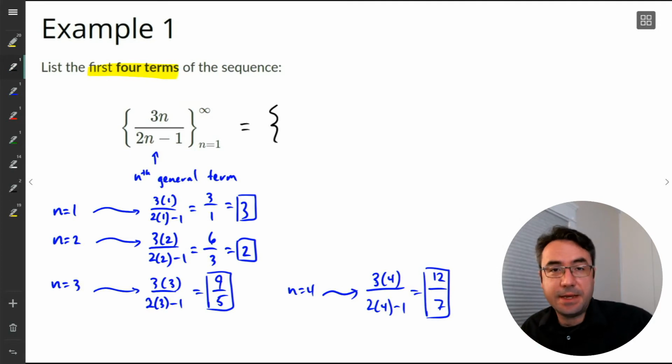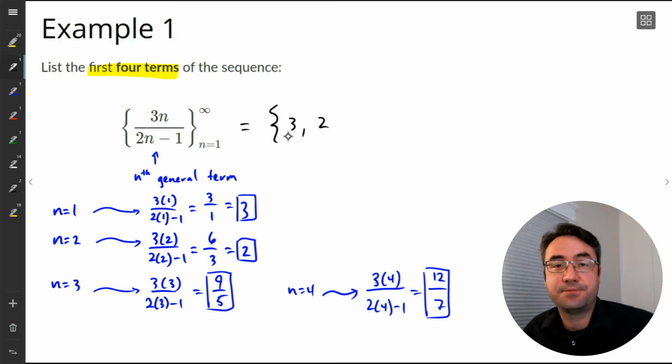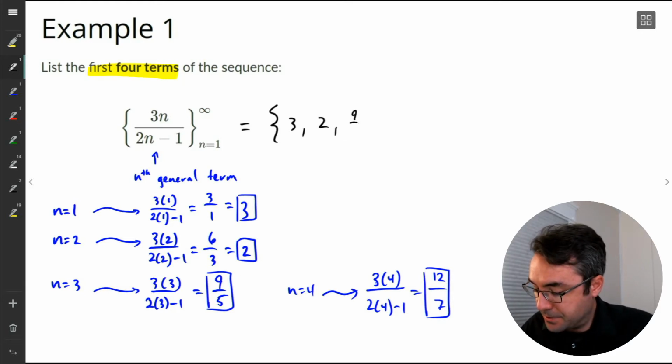So another way to indicate this sequence is, like we said, just writing out the first few terms. So 3 is our first term. N equals 1 is our first term, so that's what we put first. N equals 2 gives us our second term, so that was 2. N equals 3 gives us our third term, so that's 9 over 5. And then finally 12 over 7.